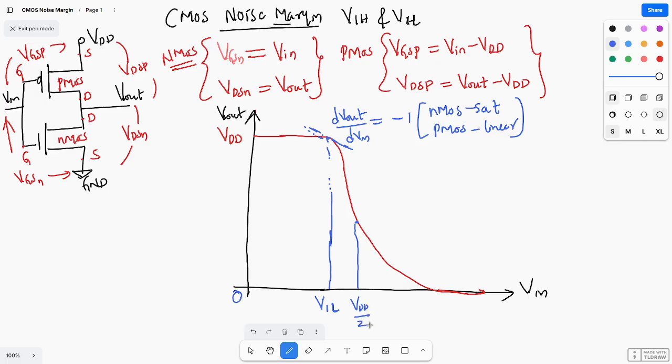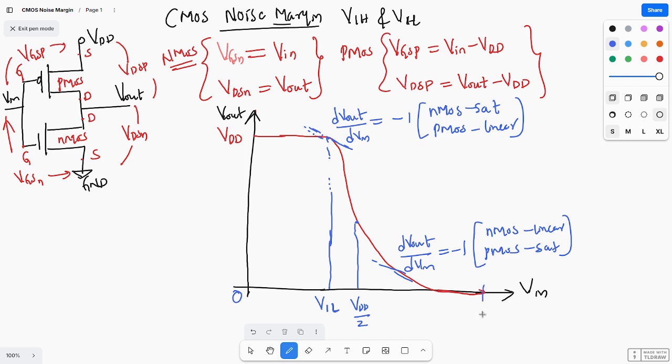If you consider this slope, dV out by dV in is equal to minus 1. In this situation, NMOS will be in the linear region and PMOS will be in the saturation region.